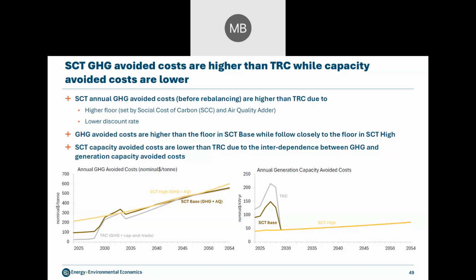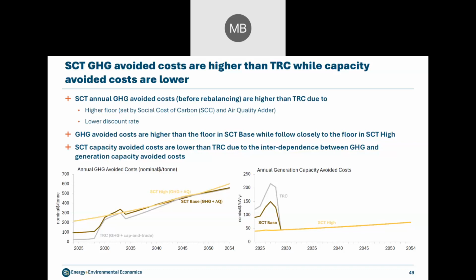Looking at the capacity avoided costs, because the GHG avoided costs are higher in the SCT version, and because of this interdependence between GHG and capacity avoided costs, we see that for SCT cases the capacity avoided costs are lower compared to TRC. And between the base and high, the capacity avoided cost is lower for the high compared to the base.